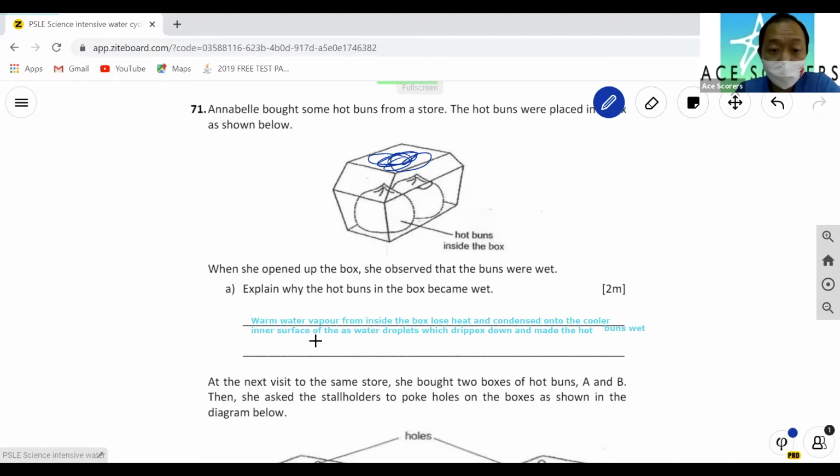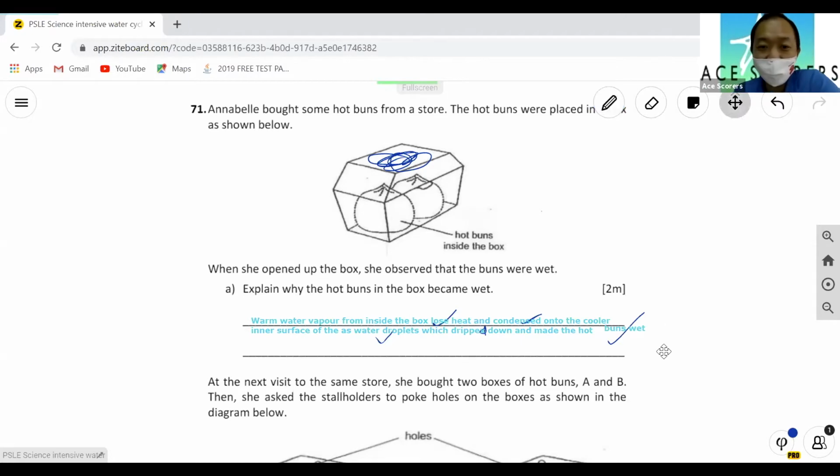So that's what we're looking for. Lose heat, condense, see the keyword, condense to become water droplets, which drip down and made the hot buns wet. Okay? Very standard stuff.